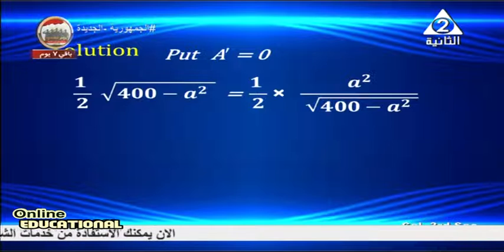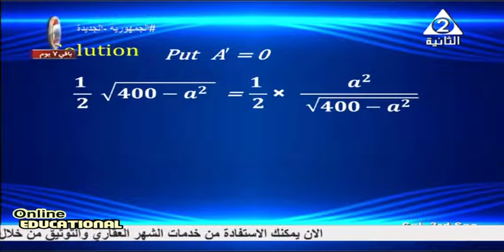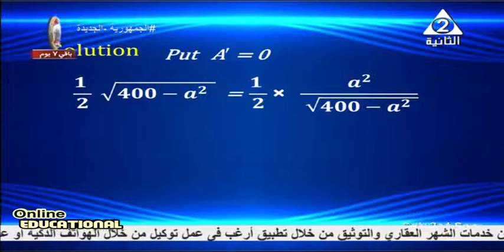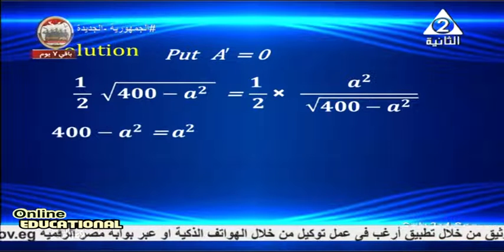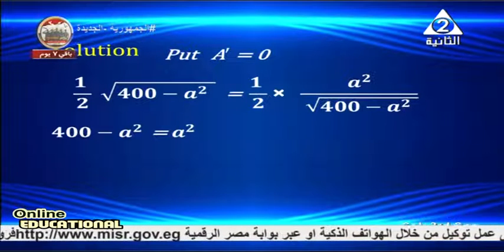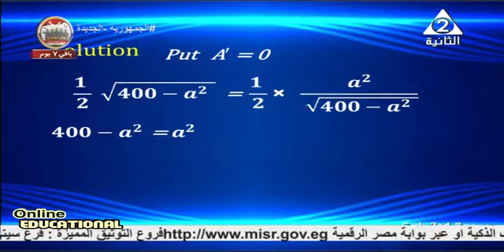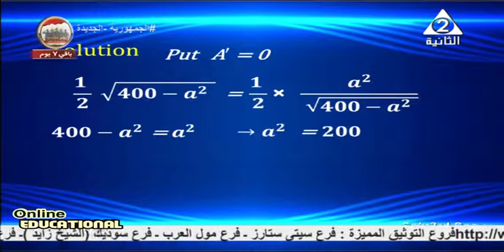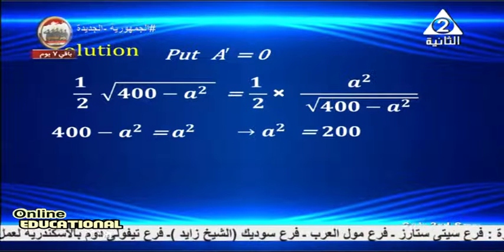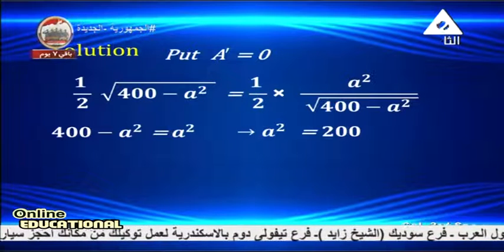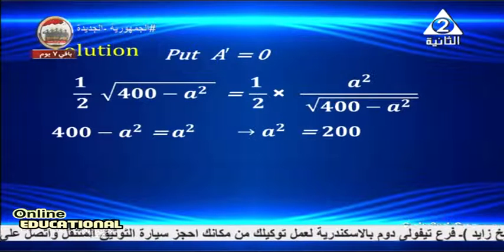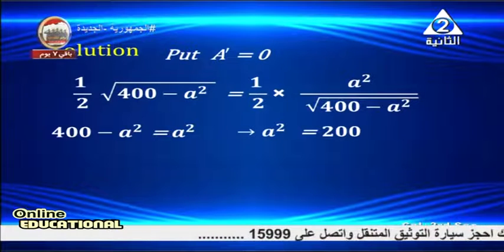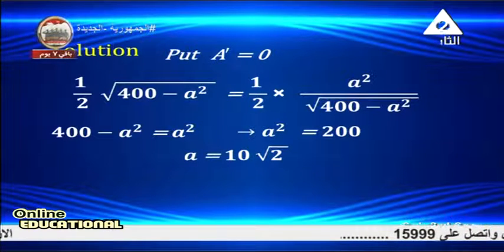We can cancel half from both sides and cross multiply, then 400 minus a to the power 2 equals a to the power 2. Now, 2a to the power 2 equals 400, then a to the power 2 equals 200, and a equals 10 root 2.